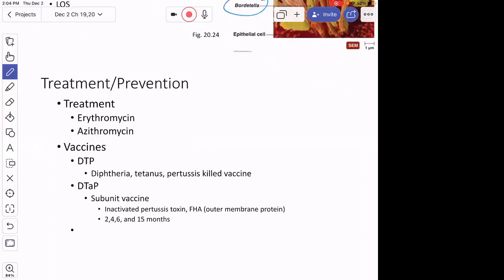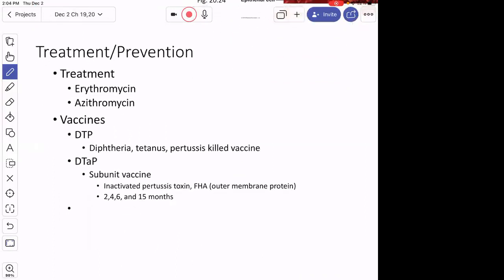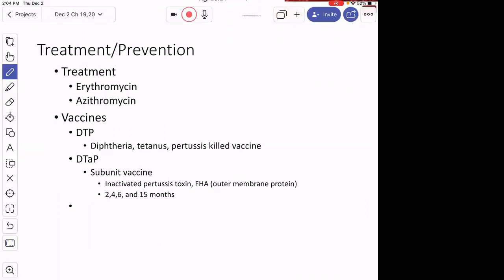All right, so how do we treat? What does the vaccine look like? We treat with a number of different antibiotics. Here are just a few of them. I think azithromycin is more commonly used these days than erythromycin because it has fewer side effects. Again, don't memorize, just know we give antibiotics.